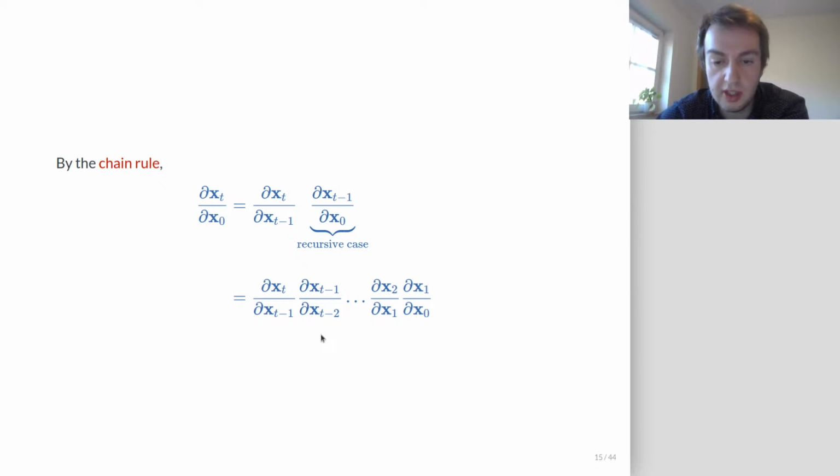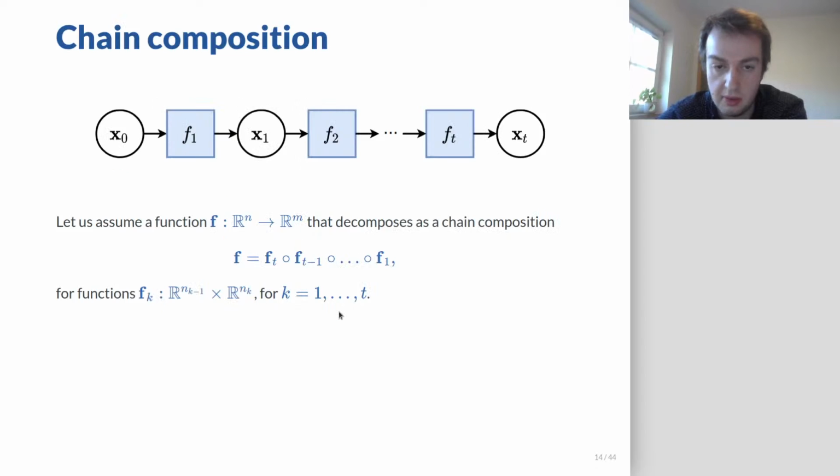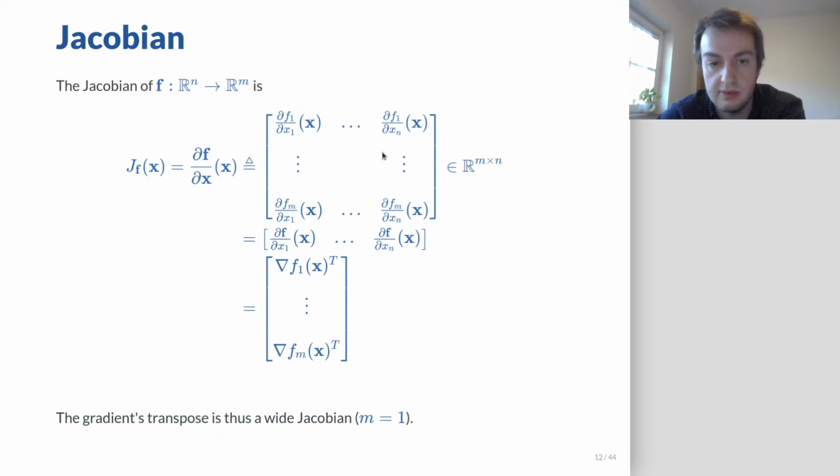What you should keep in mind is that all these things represent matrices, except that we have xk at the numerator and xk minus 1 at the denominator.